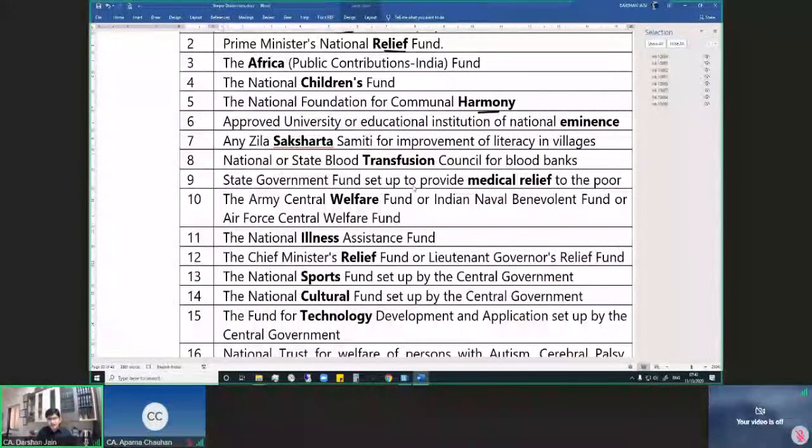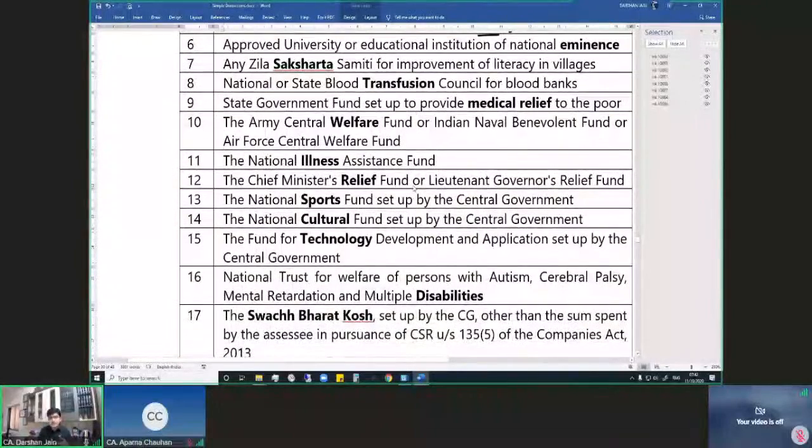So when you look at the list, you could just go through the list once. You'll understand that these are all funds of national eminence, which add up to the development of the nation. Just read it on screen.